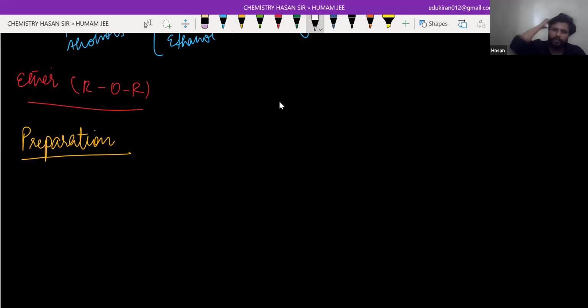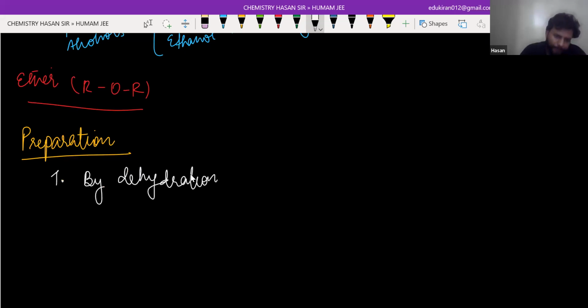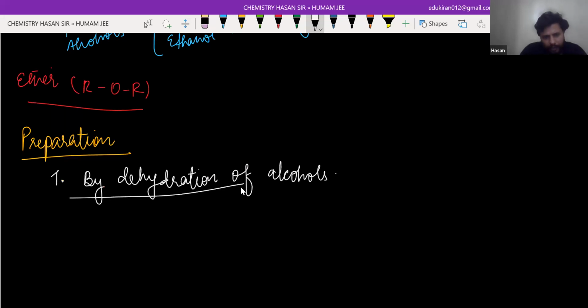The reagent that we used on alcohol to get alkene will be the same in ether, by dehydration of alcohols. Only a minor difference will be there.